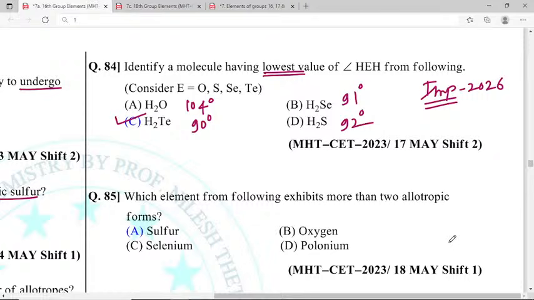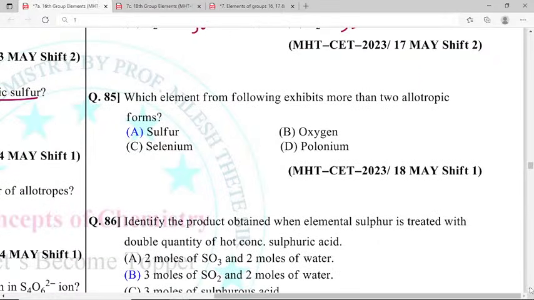Which element from the following exhibits more than two allotropic forms? More than two allotropic forms. Sulfur. Oxygen 2, polonium 2, selenium 2.